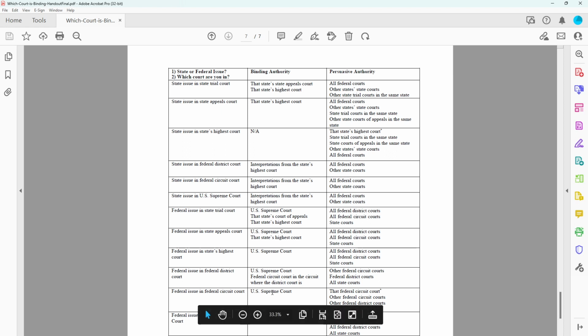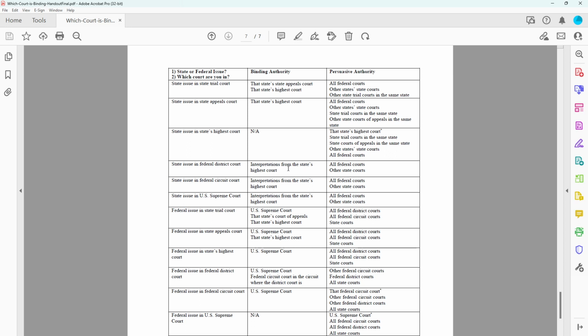And then, yeah, it's a federal issue. It's because a lot of his other things, right, and his lawsuit are going to be state issues. So look, persuasive authority, all federal courts, other state courts, interpretation from the state's highest court.